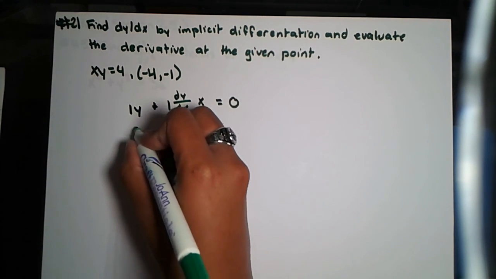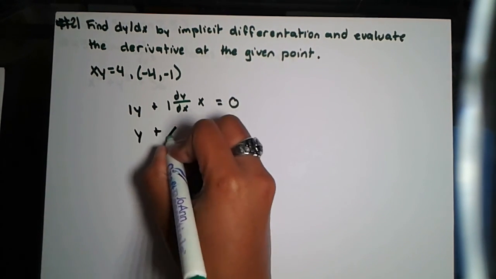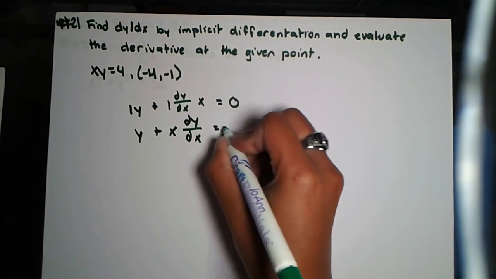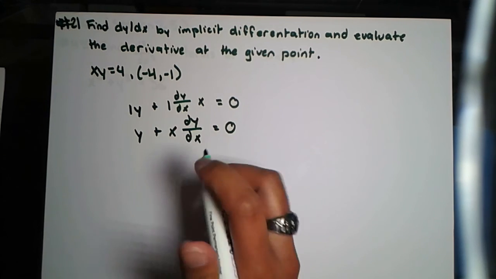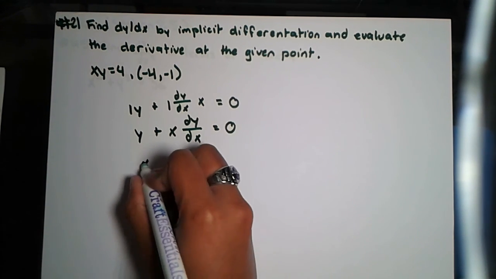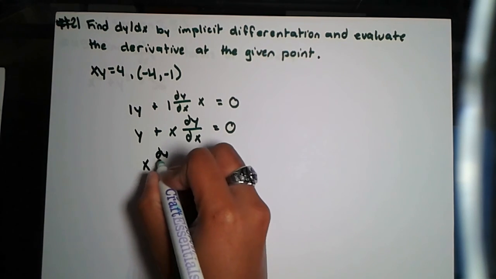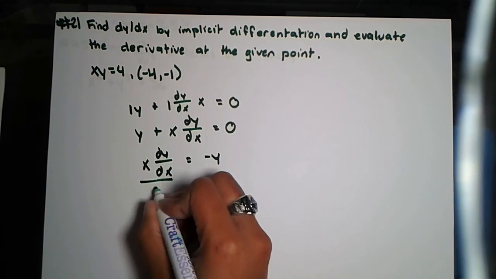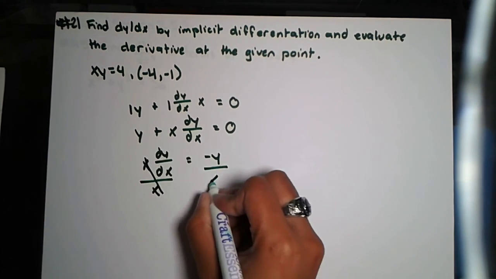So you have y plus x dy/dx equals 0. You want to isolate your dy/dx, so subtract y on both sides, and then divide by x on both sides.